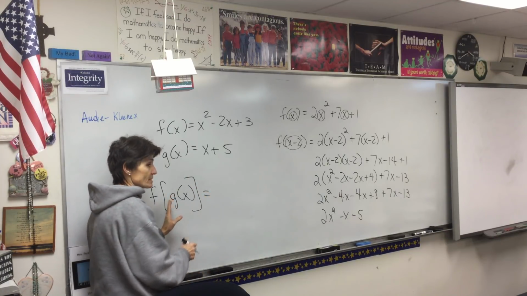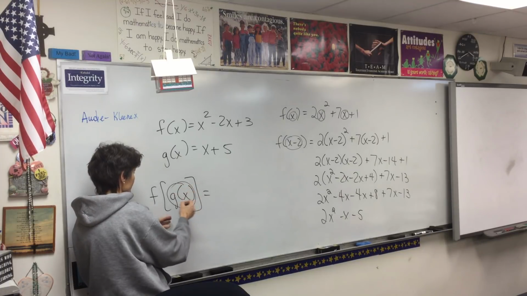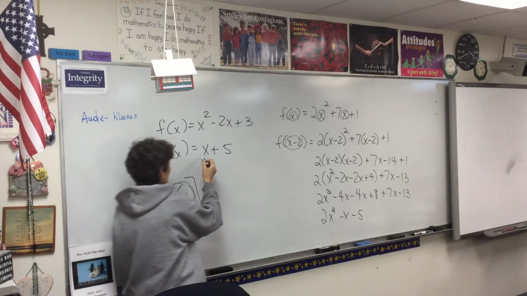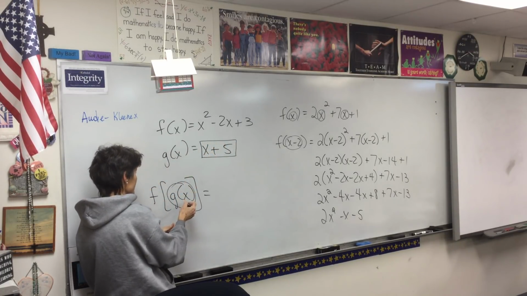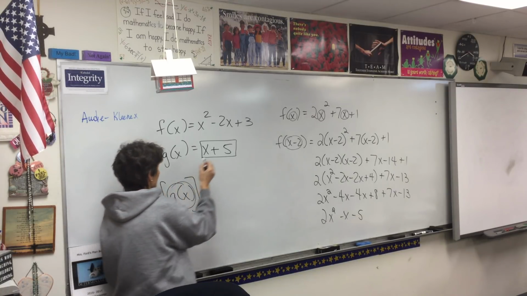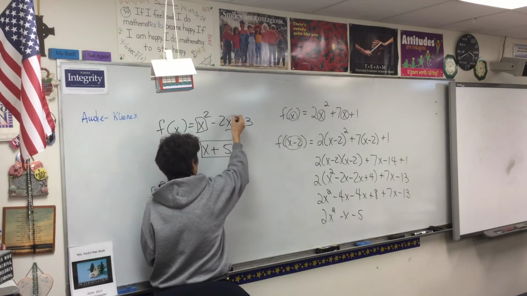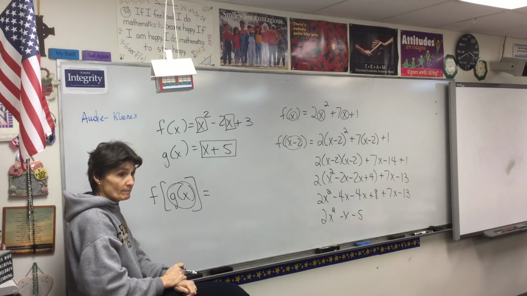Because what is this one saying? This one's saying take g of x and plug it into f. So this is g of x. G of x is supposed to get plugged into f. So that means this is going to go in for all of the x's in the f function.